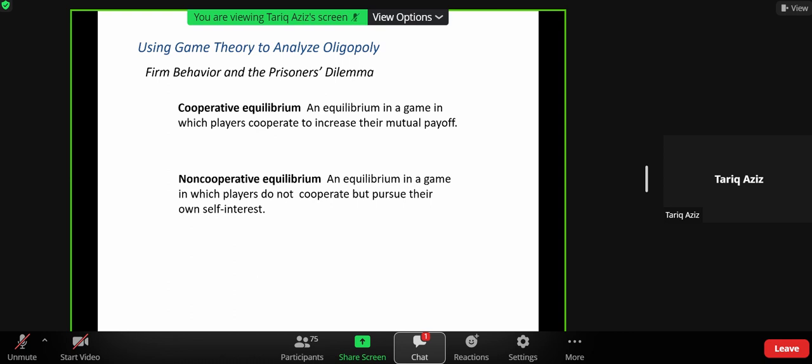Cooperative equilibrium means after playing a lot of games, all the players have learned to cooperate with each other.